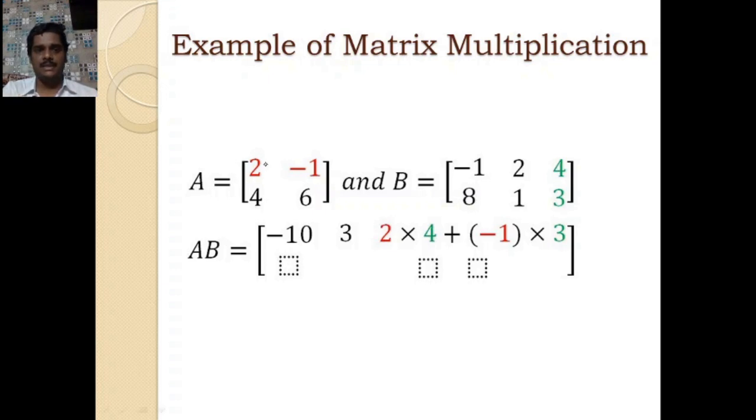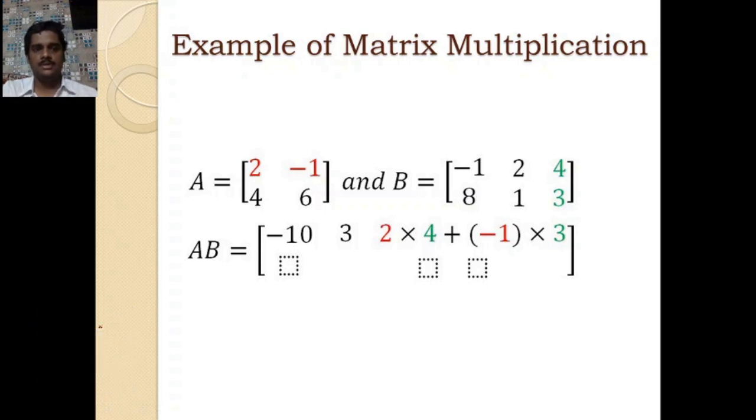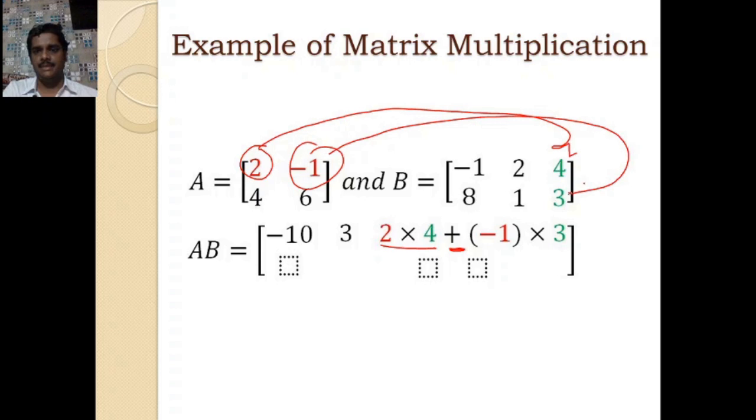So here you multiply this 2 by 4. 2 into 4 plus this minus 1 you multiply by 3, minus 1 into 3 to get element present in first row, third column.